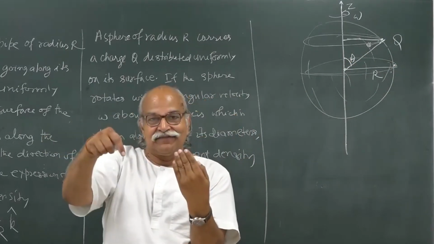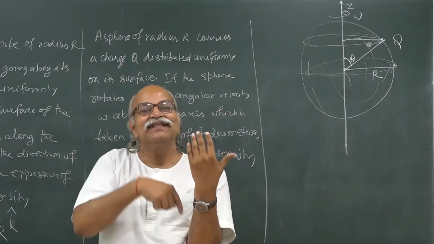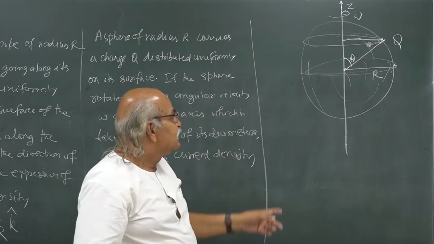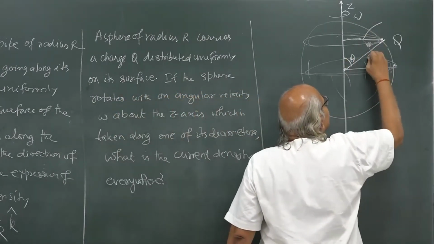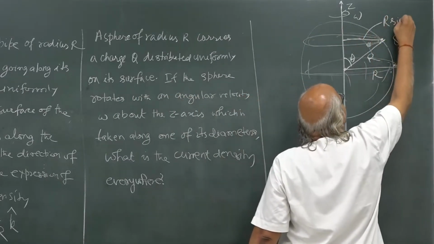Take any point, join it to the center, and the angle with the z axis is the same, it is making a cone. So, this angle is theta, and therefore this radius of the circle is r sin theta.